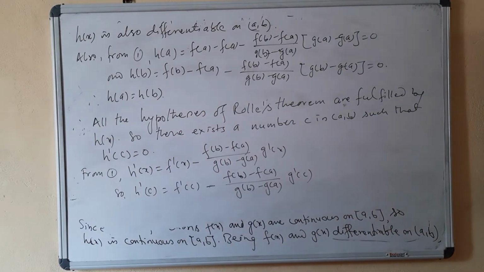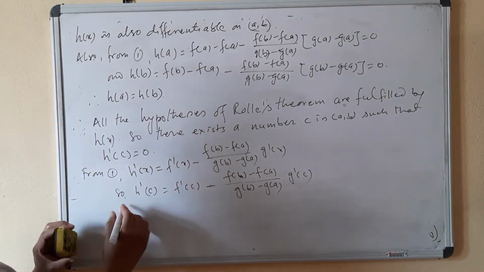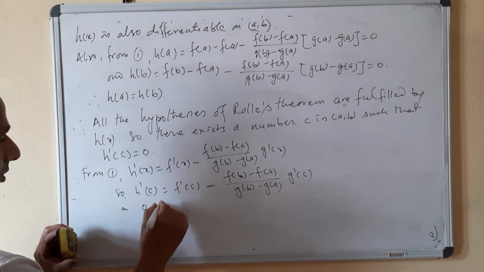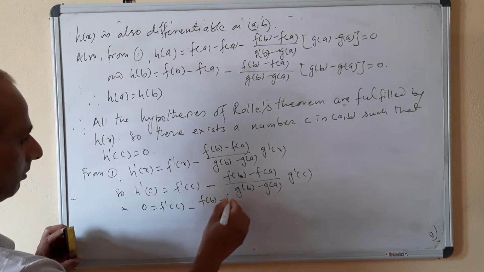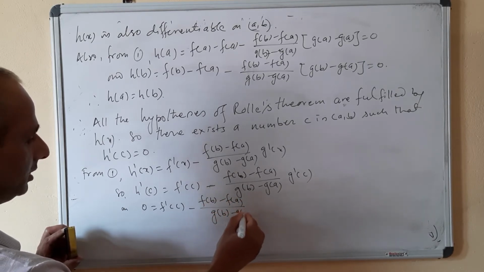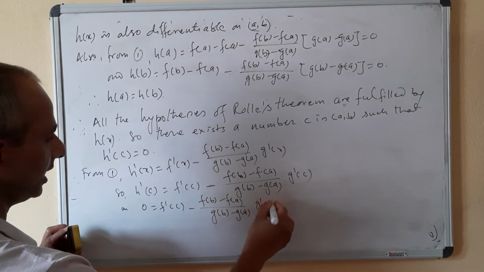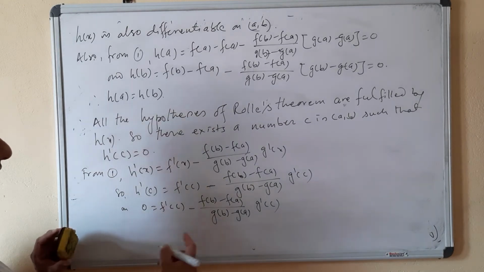Since h'(c) equals 0, let's substitute the value. What will we get? 0 equals f'(c) minus (f(b) minus f(a)) divided by (g(b) minus g(a)) times g'(c). Now transpose to the left side and cross multiply.